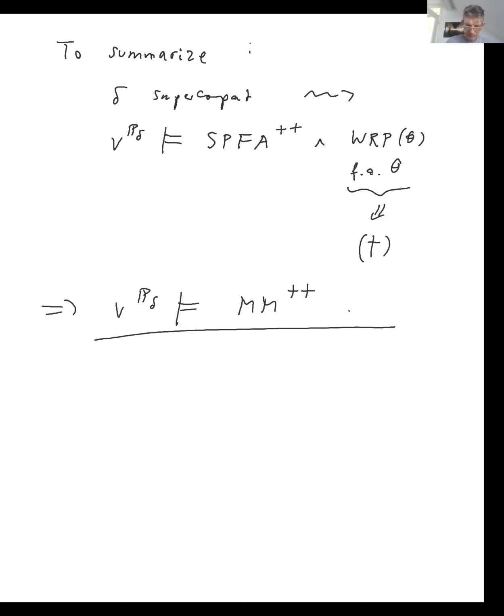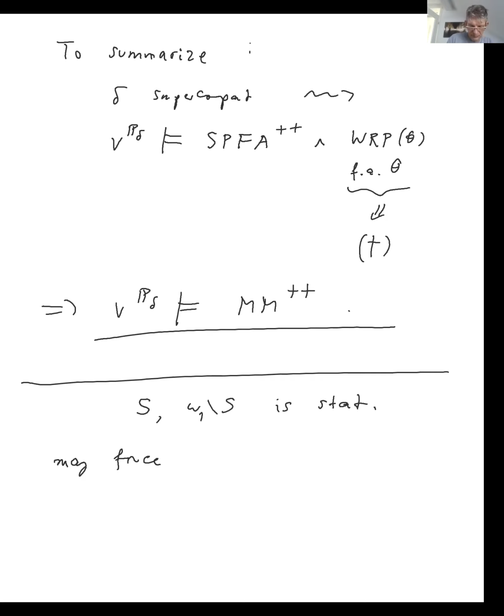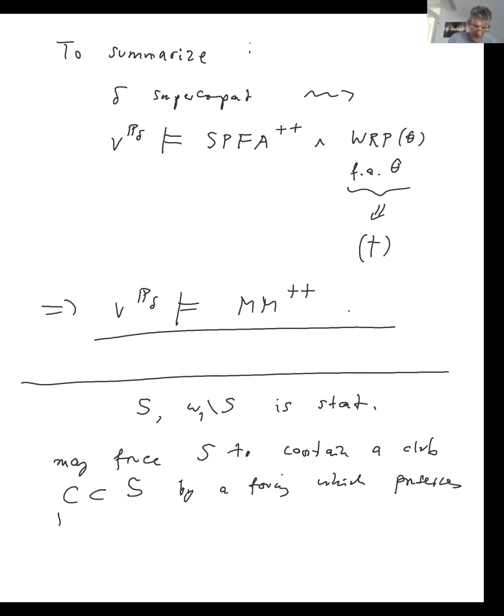The example was, if you have a set S so that S and its complement are stationary, there is a forcing which may force S to contain a club C, by a forcing which preserves the stationarity of all stationary subsets of S. So that's still a very mild forcing, but it's not mild in the sense that the stationarity of the complement of S is preserved.